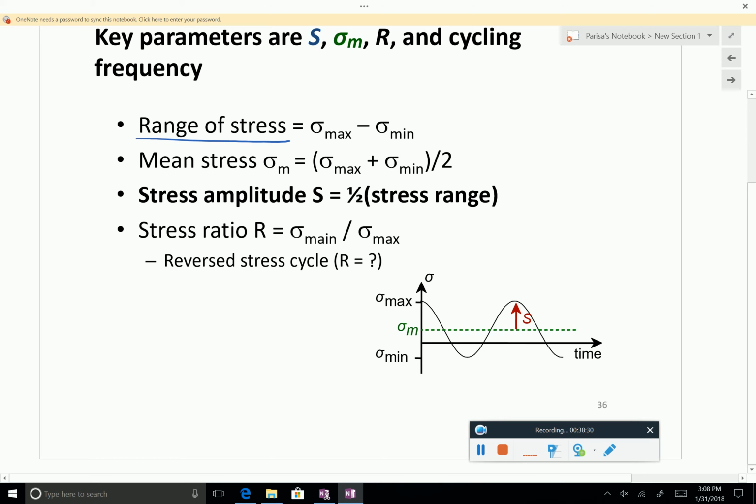This is very important in some of the graphs that you see later. Everything is based on the amplitude. And then we have a stress ratio, which is the ratio of the minimum to maximum stress.